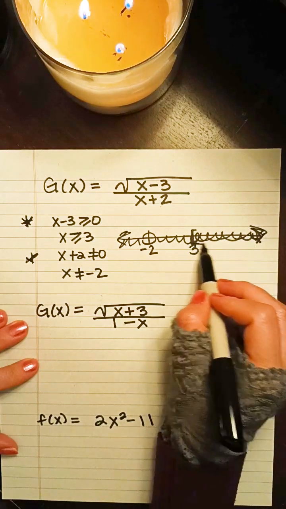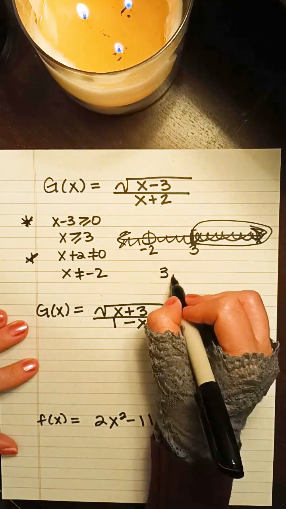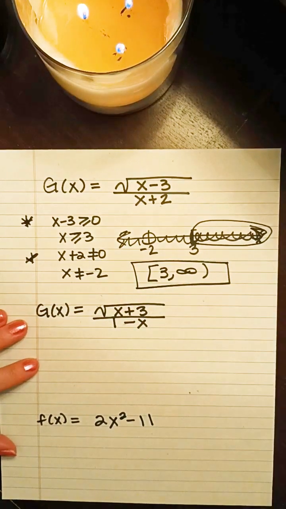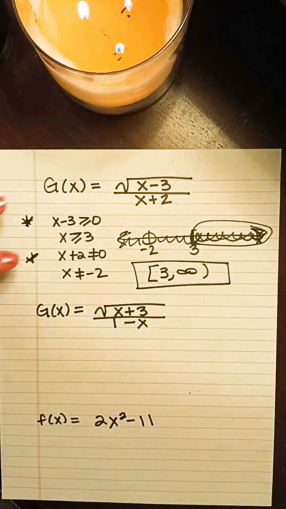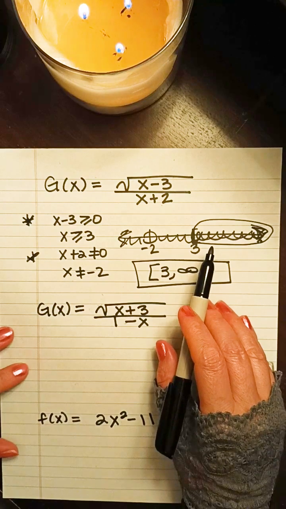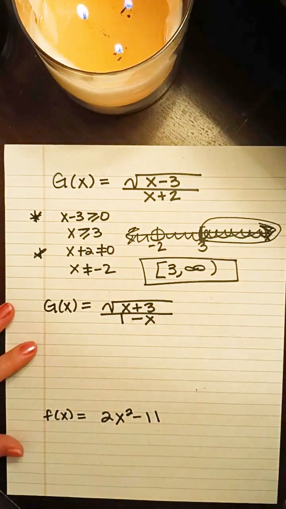And then your answer is where you shaded twice, which is right here. So reading that from left to right, where I shaded twice, it's 3 to infinity. So we have 2 restrictions, and we put both down on a number line, and where you shaded twice, or the overlap or the intersection, is your answer.